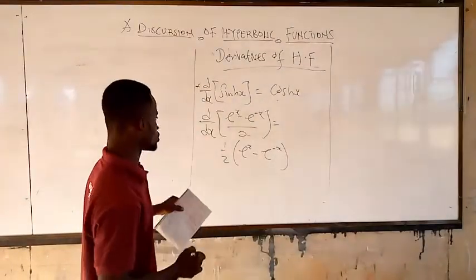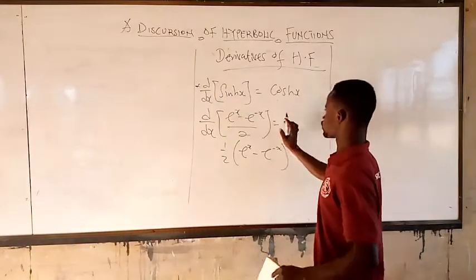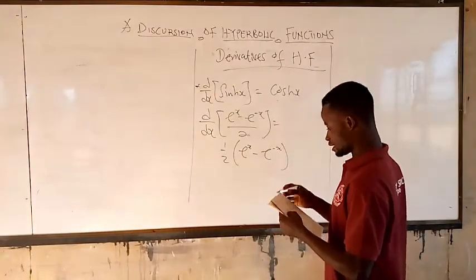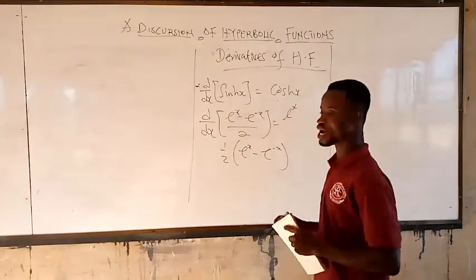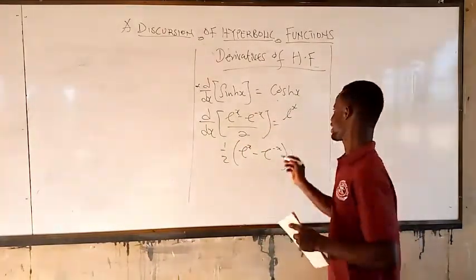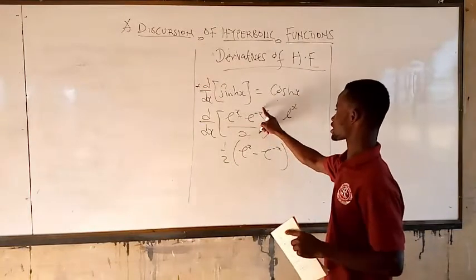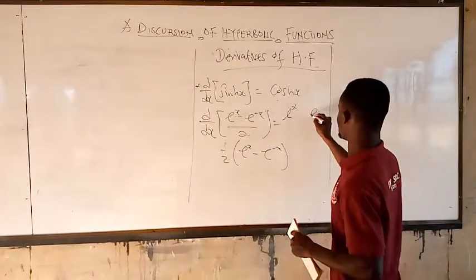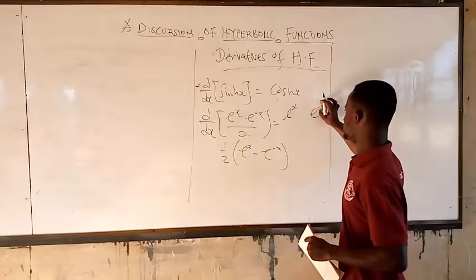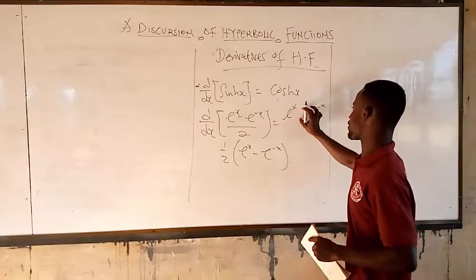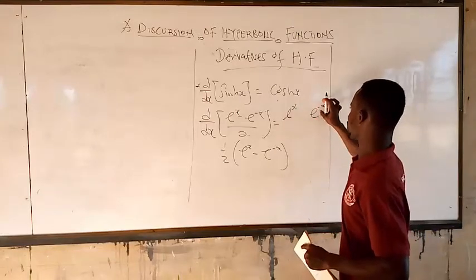Okay. So we can see that this is the same as this. So having this, when you take the derivative of e to the power s, it's the same as e raised to the power s, calculus 1. And when you take the derivative of this, you leave the whole of this, but you have to differentiate the power and multiply by the function. So when you differentiate this, you get negative 1.